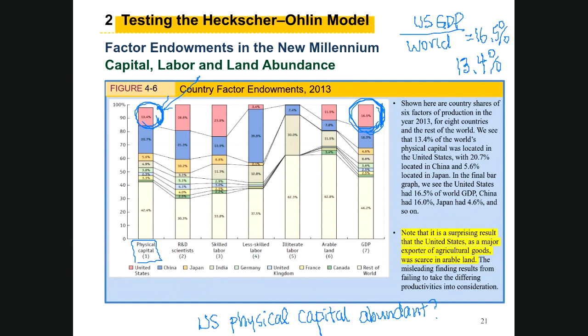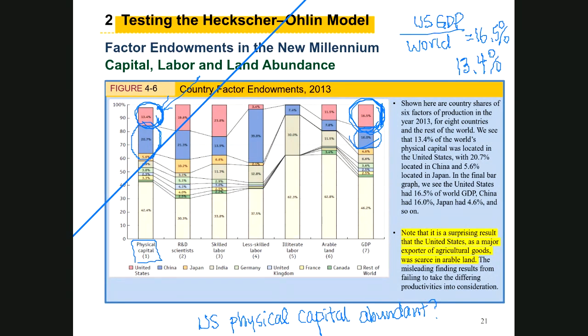Let's take a look at the case of China. China's physical capital share is equal to 20.7%. What about its GDP to the world? It's 16.0%.